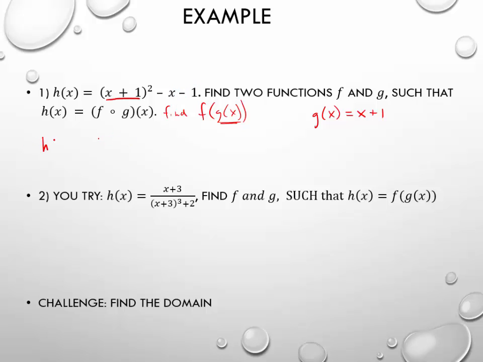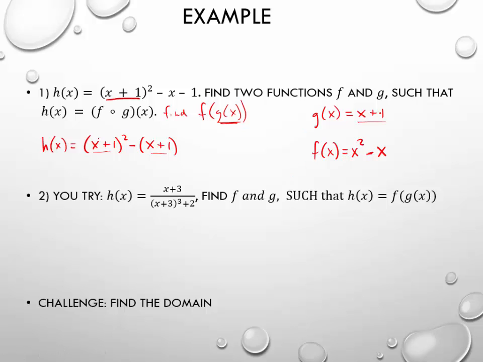Well, h of x can be rewritten as (x plus 1) squared minus (x plus 1). So even more obvious, we see, hey, I have plugged in x plus 1, therefore g of x is x plus 1. What is f of x? X squared minus x.